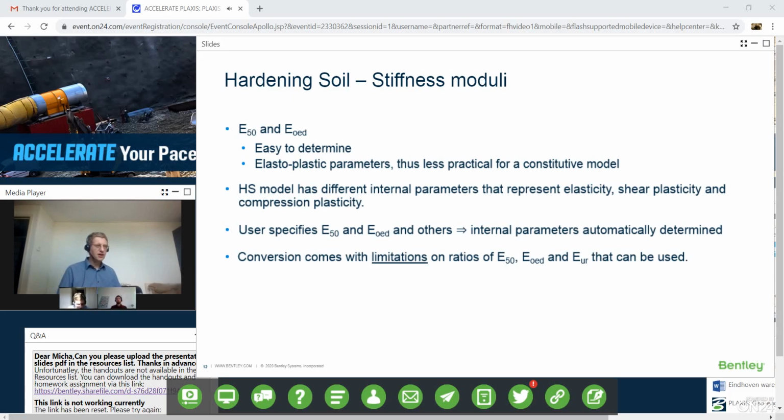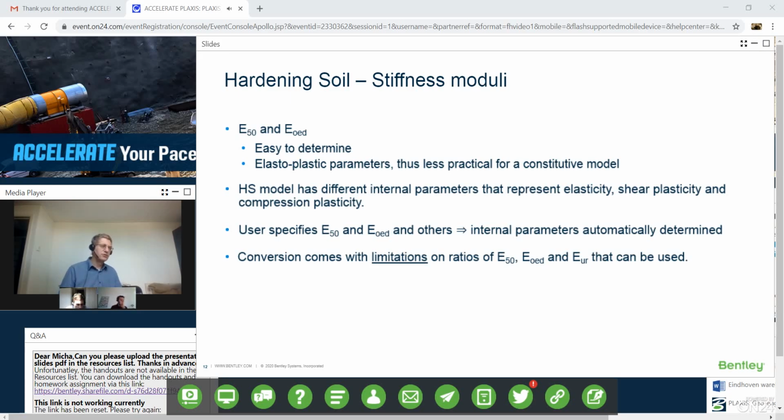So, for instance, if EUR becomes more than 20 times E odometer, it can usually not determine the internal parameter for compression stiffness anymore. And Plaxis will give you a message, something like EUR too high or E odometer too low, and it gives you the value of the EUR that you can still use, like the most extreme value that it can still accept.